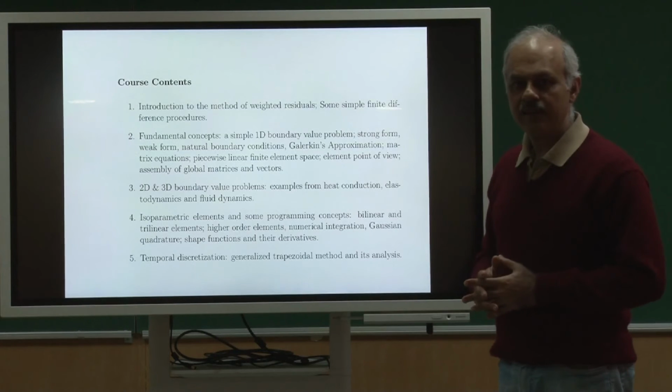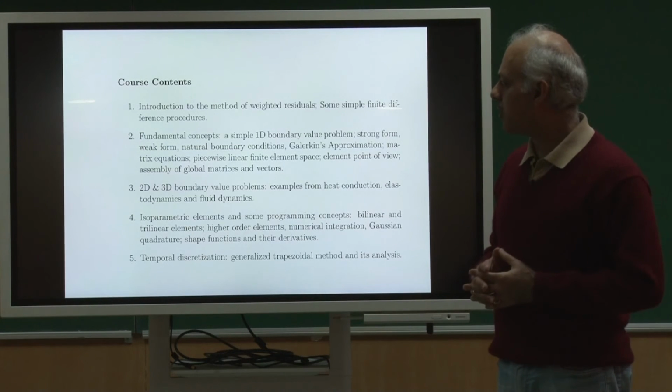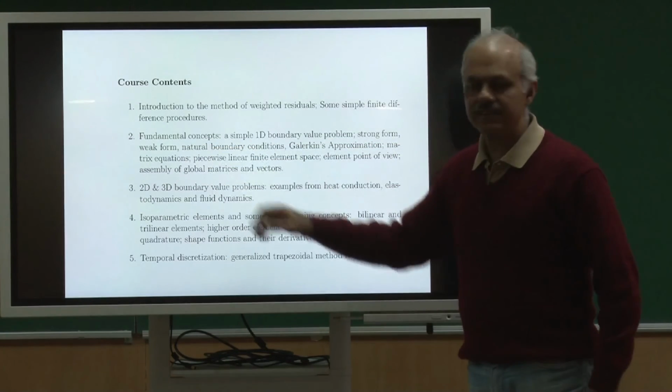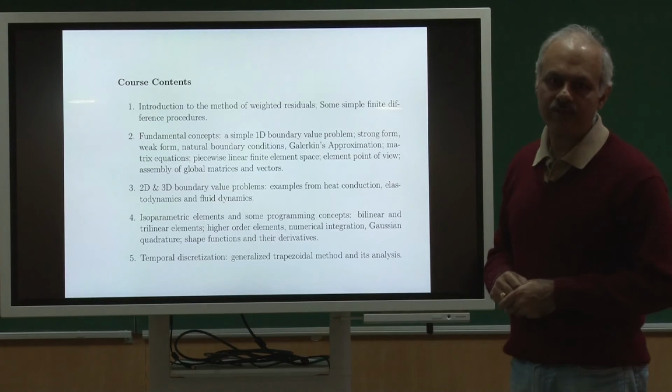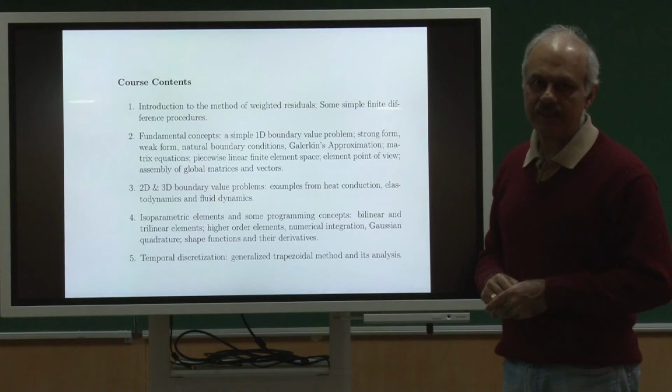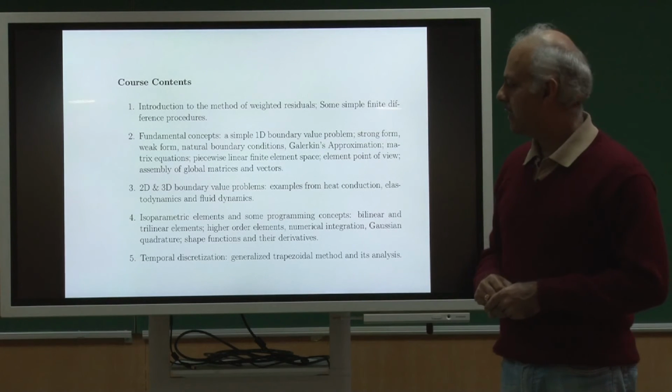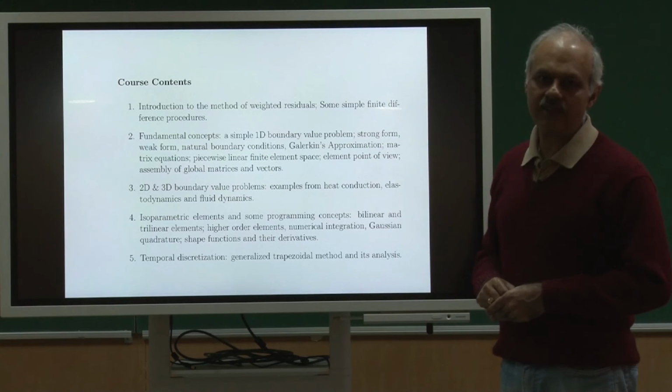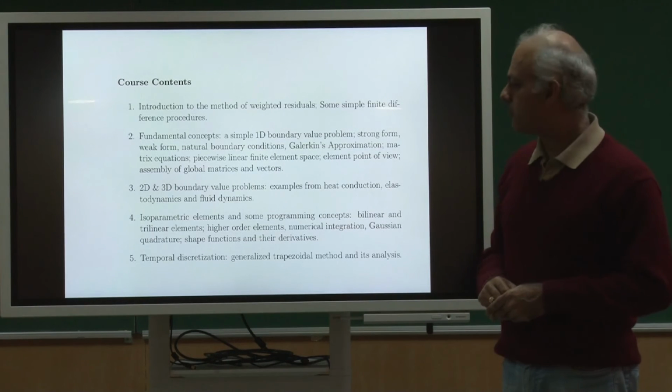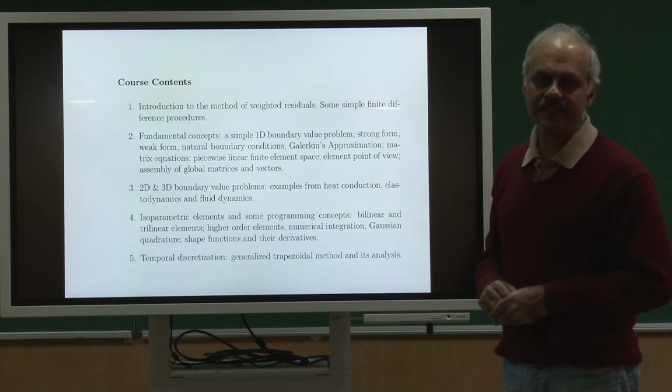Having done that, because we are in the framework of a weak form, which is, as I said, an integral form of the differential equation, we will soon realize that exact integration is not possible. So, we will have to go to numerical integration.